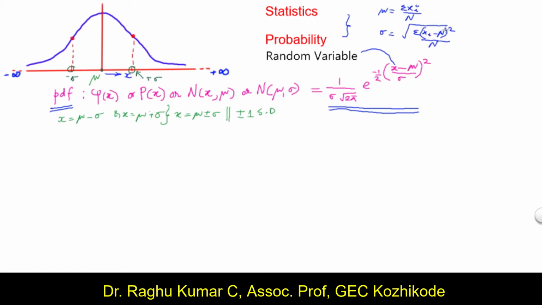The unit of this and this are same, xi meter, mu also meter, so the difference is also in meter. Suppose xi is 1.5 meter, mean is 1 meter, so the difference is 0.5 meter for one of the observations, square and root of it, so meter itself. So from this we can see the unit of x, mu and sigma all are the same.